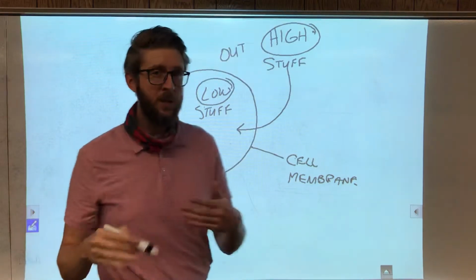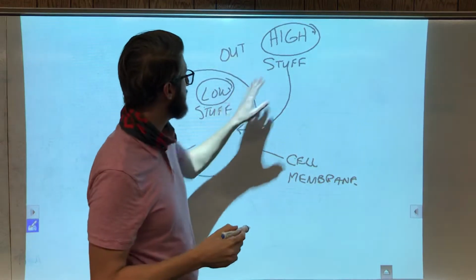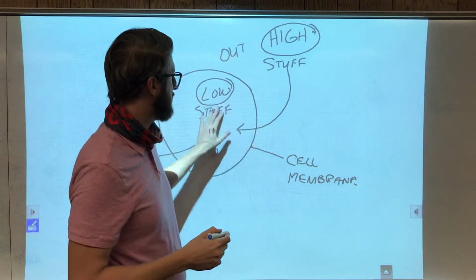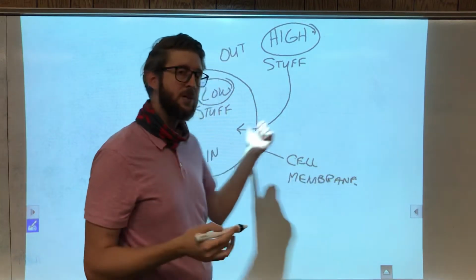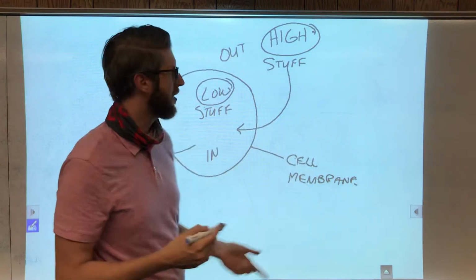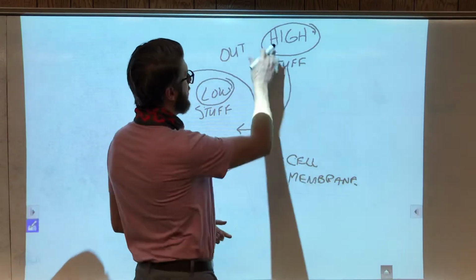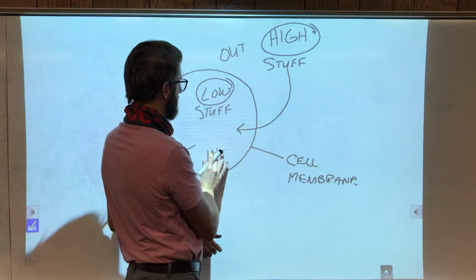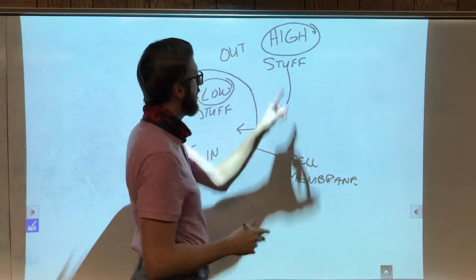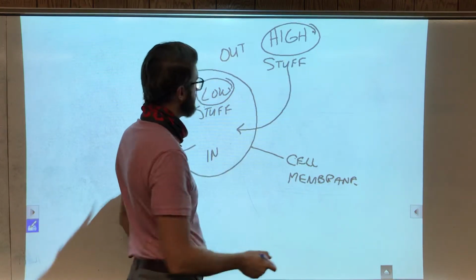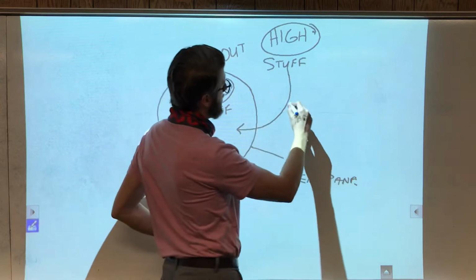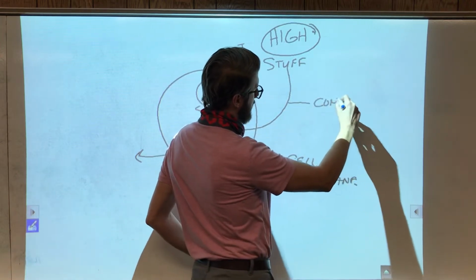And this direction that your body wants to move things in so that it can balance out how much is inside versus outside, in this case, out to in, because it always flows high to low. This is what we call the concentration gradient.